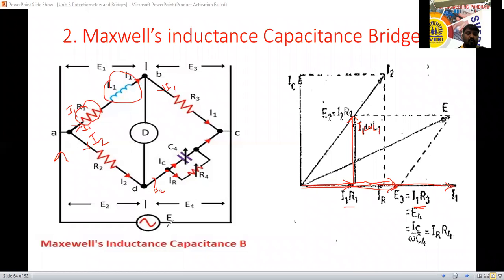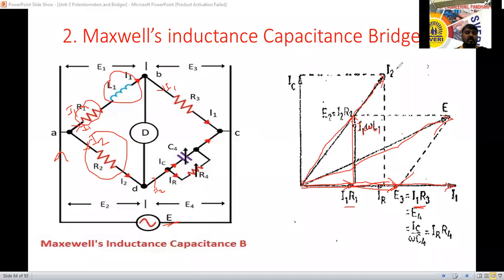So this total voltage E, I will draw here randomly, with E3 there. I have taken a dotted line, and this E2 R2 is the voltage drop across this one, which is in phase with I2. Some angle is considered here because of the capacitance.